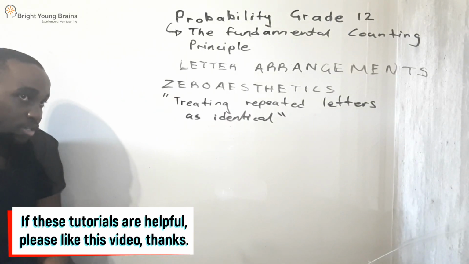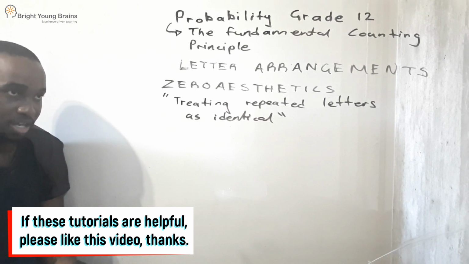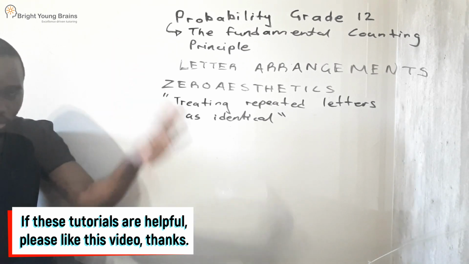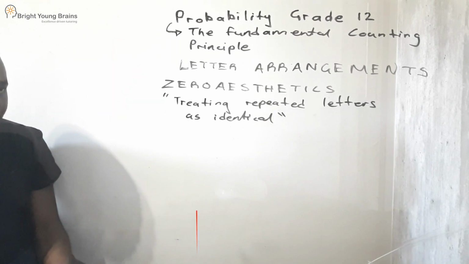Now, in our previous set of examples, we were not treating repeated letters as identical. We were treating repeated letters as individual letters on their own, of which you have questions like that.